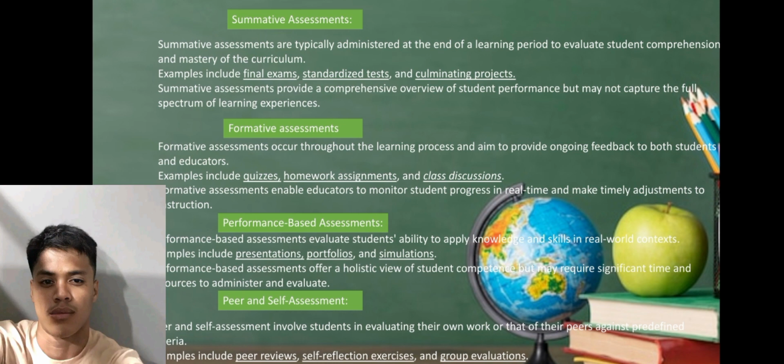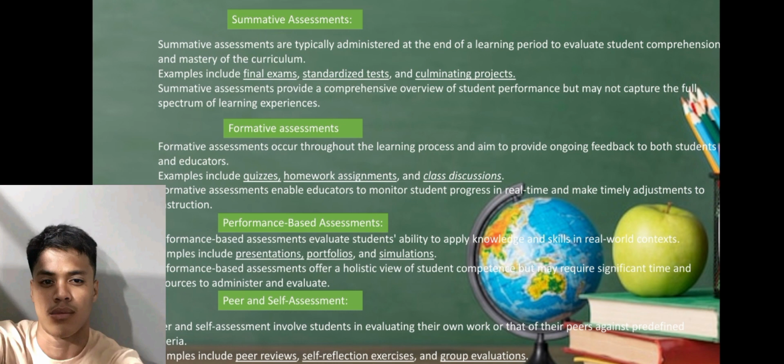Summative assessments are typically administered at the end of a learning period to evaluate student comprehension or mastery of the curriculum. Examples include final exams, standardized tests, and culminating projects. Summative assessments provide a comprehensive overview of students' performance but may not capture the full spectrum of learning experiences.